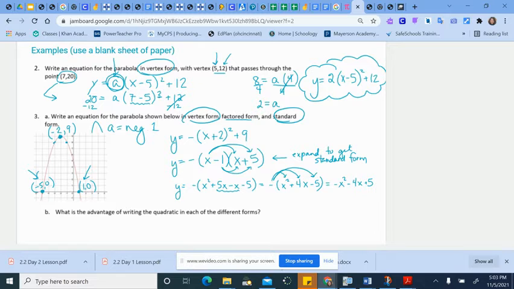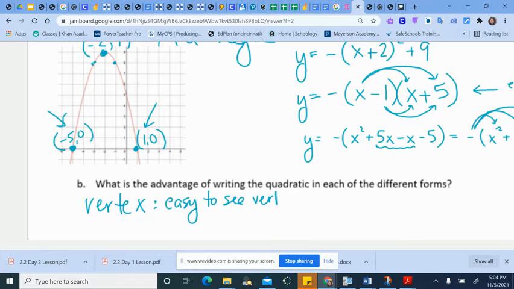Okay, now it says part B. It says, what are the advantages of writing in each of the different forms? Okay, so let's look at just vertex form. What does it tell you real quick? You know, shift left, shift right, shrink or stretch. For factored form, we can easily see the x-intercepts or the roots.